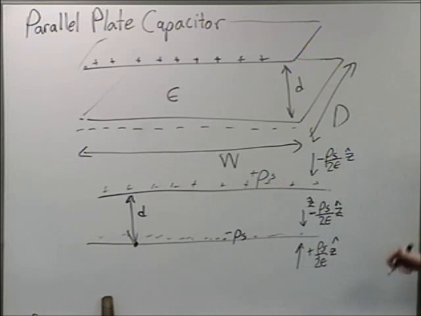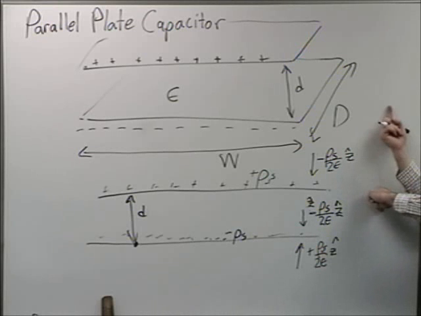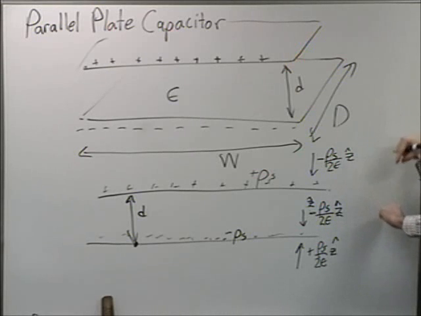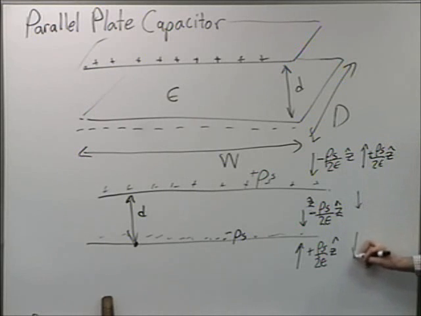At the top plate, we have the opposite thing. Remember, the E field is going to point up above the infinite top plate and down below the plate. And so there's going to be plus rho sub s over 2 epsilon z hat above it, and then beneath it, it will be minus rho sub s over 2 epsilon z hat.